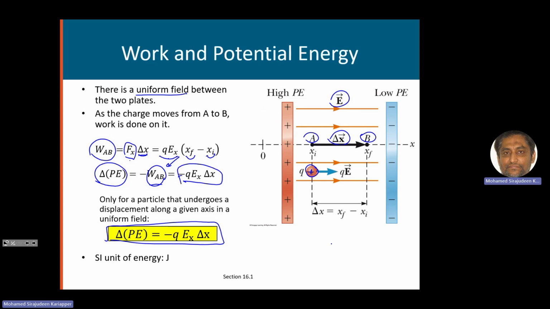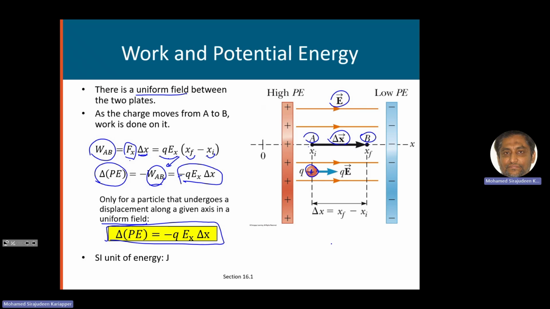Remember, this is a special equation. It's not always correct for the change in the potential energy due to an electric field. This applies to a uniform electric field. When the electric field is constant, I can say the change in the potential energy when a charged particle Q moves from A to B, when it is at point A, it will have a certain energy.